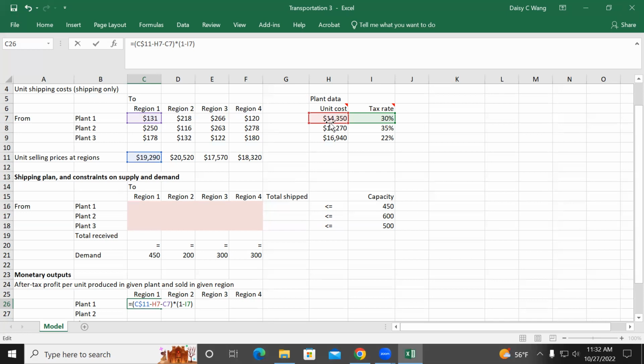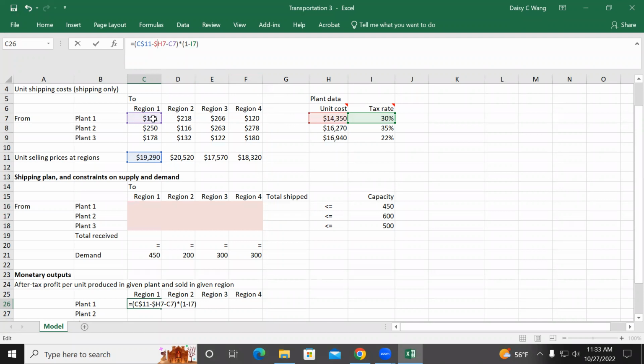We don't want it to go to the tax rate, to I, J, K. So we want it to stay in H. So instead of 7, we put the $ in front of H. How about C7? The shipping cost, do we need to put a $ in front of C or 7?